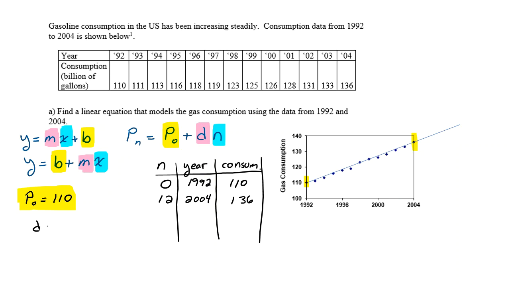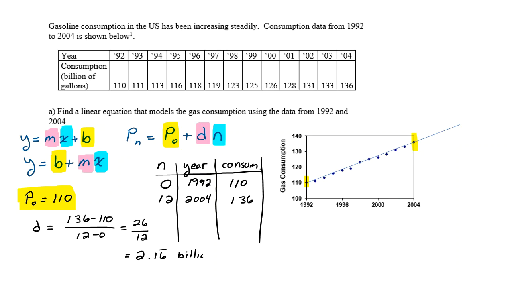To find our common difference, which is the same as our slope, we're going to find the change in consumption divided by the change in years. That's going to be 26 billion gallons over 12 years. That comes out to be a decimal, 2.16 repeating. Maybe we'll just round. This is billions of gallons per year, so rounding can make a difference.